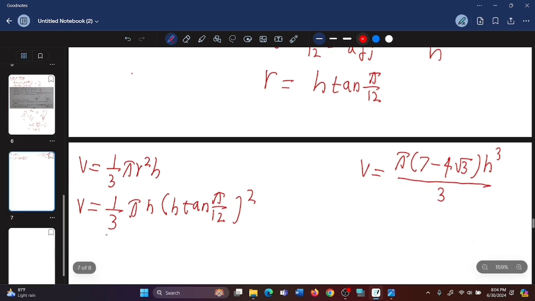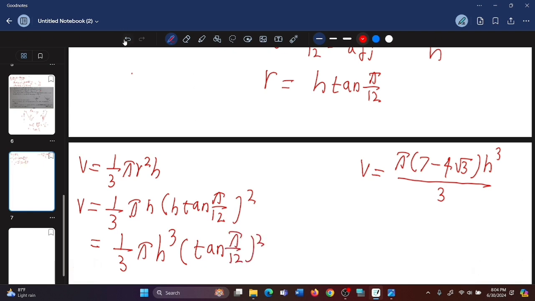Now if I take the h out of the bracket, then it becomes 1 by 3 pi h cubed. As there is a square on one side and a power of 1 on the other, the powers get added up to become 3. So the power of h is 3. Now we are left with tan pi by 12 whole squared. Earlier, not whole cube, it's a whole square.